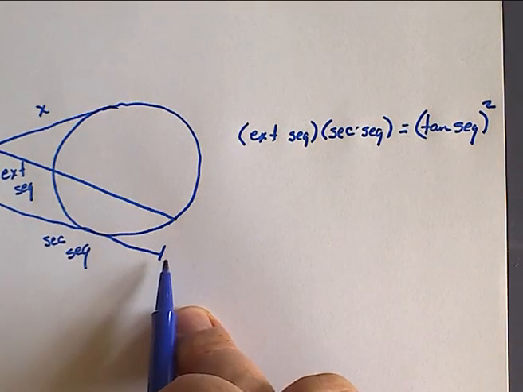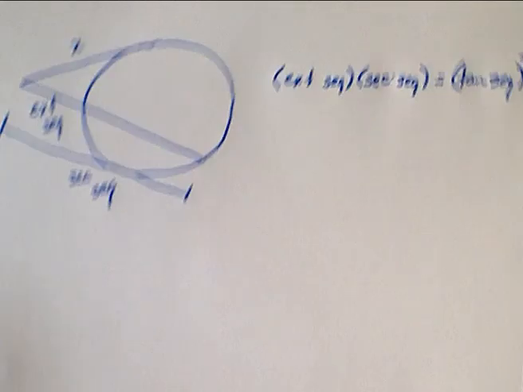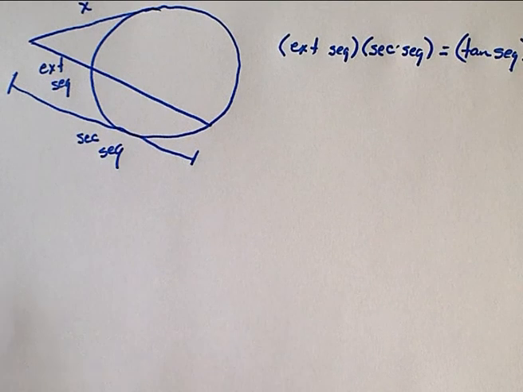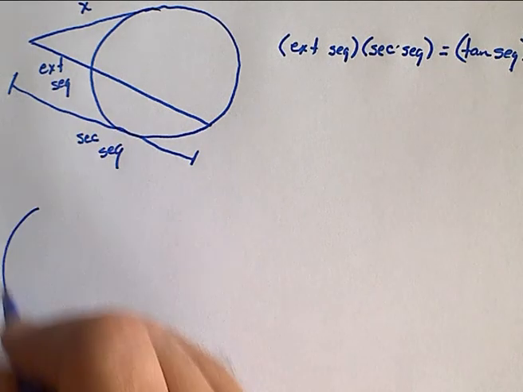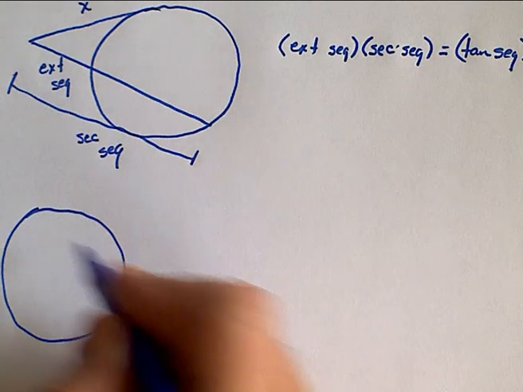Okay, now let's look at one of those. And again, I've got my eye on number 9. Okay, let's see what happens here. So let me draw it. Secant segment.